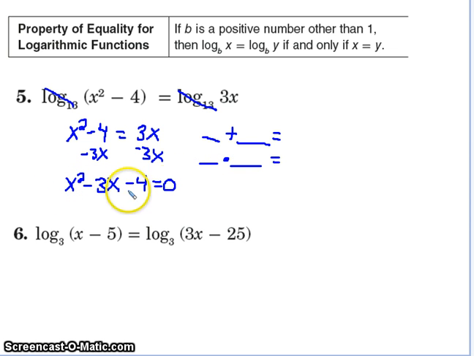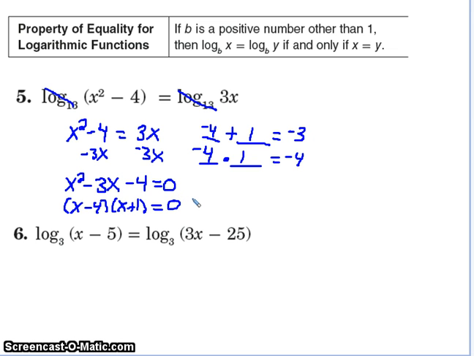Because we have a 1 here, we can take our puzzle and say something plus something equals -3, and something times something equals -4. Well, 2 and 2, we can't get a 3, but if we have a -4 and a +1, that is actually going to work. So we can set ourselves up that this is going to factor into x minus 4 and x plus 1 equals 0.